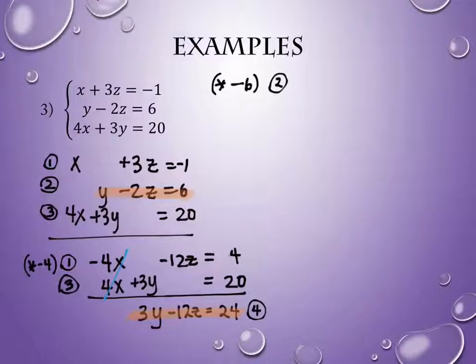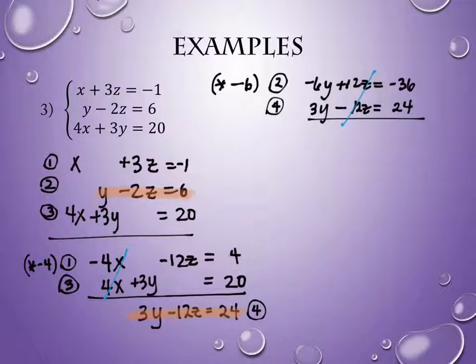So equation 2 by -6 would give me -6y plus 12z equals negative 36. And then equation 4, found just a moment ago, is 3y minus 12z equals 24.